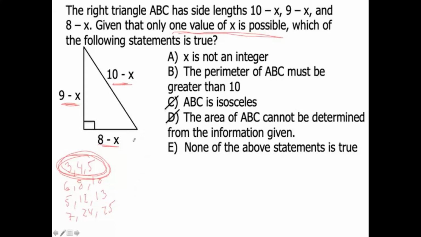And it works perfectly because 8 minus 5 is 3, 9 minus 5 is 4, and 10 minus 5 is 5. So the only possible arrangement to have a Pythagorean triple where they're 1 apart, that gives me a right triangle, would be 3, 4, and 5. So I can skip all the math and jump right to answer option B, i.e. the perimeter is greater than 10.